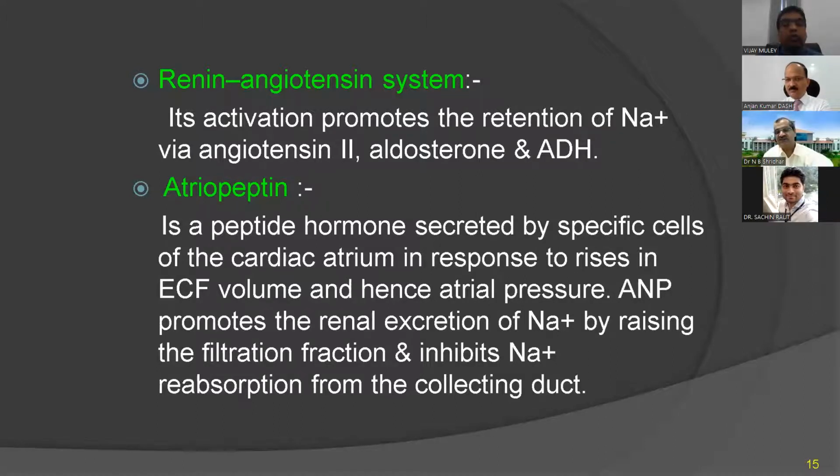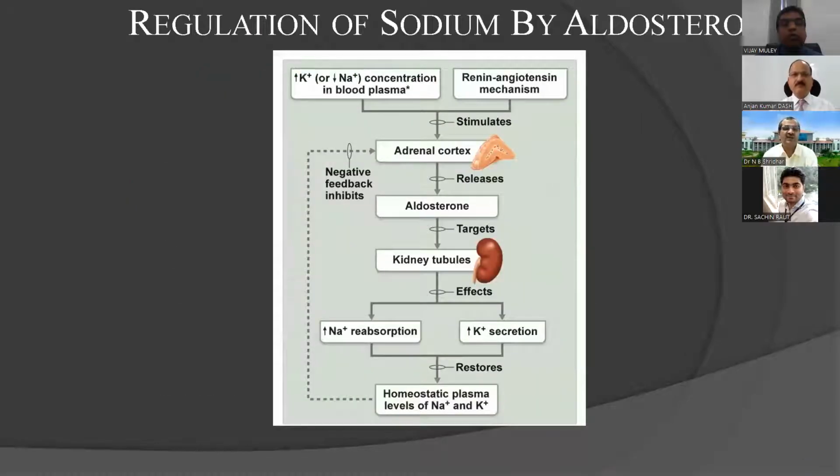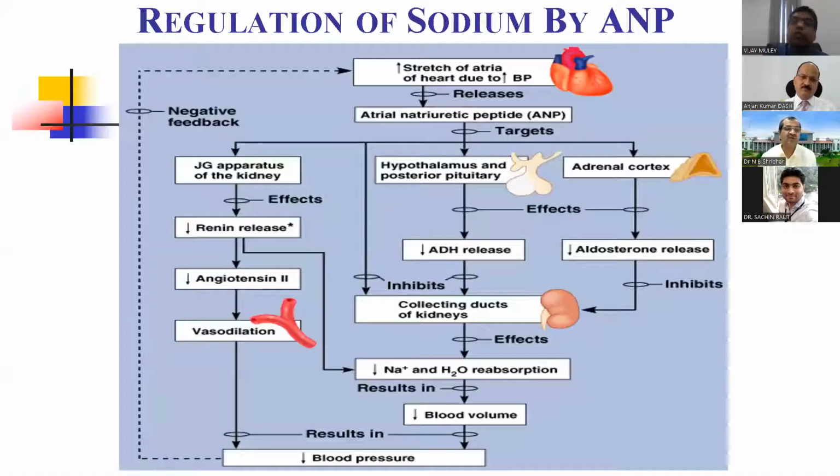And the RAS system also plays an important role, especially whenever there is an increase in the potassium concentration in the blood plasma, then the renin-angiotensin mechanism gets activated, and the adrenal cortex releases aldosterone, which acts on the kidney tubules, increasing sodium reabsorption and potassium secretion. Because of this, homeostatic plasma levels of sodium and potassium are maintained.